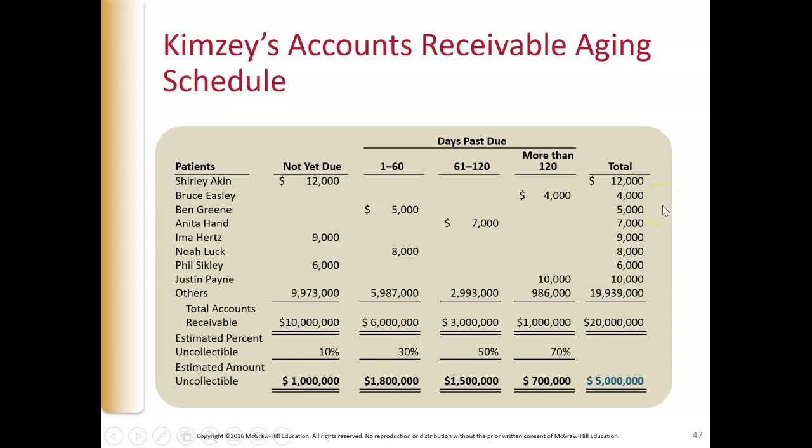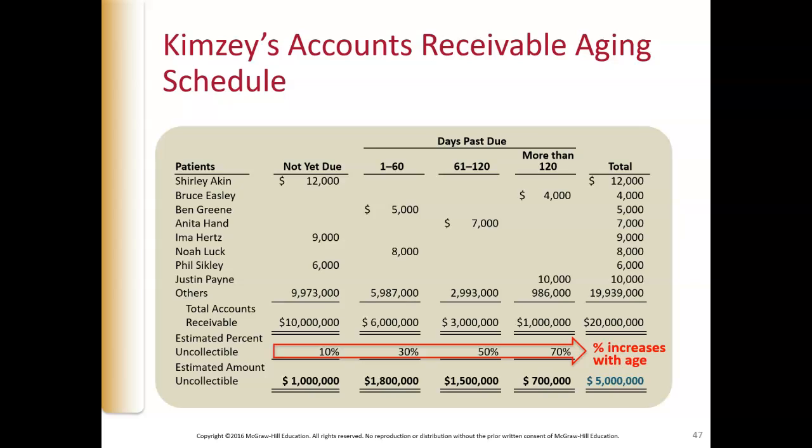Now we know the longer one goes out, the harder it's going to be to collect it, right? So what we do here is we show those that are not yet due. Based on history, we estimate 10% aren't going to be collected. But do you see those that are more than 170 days old? We estimate we're not going to collect 70% of those.